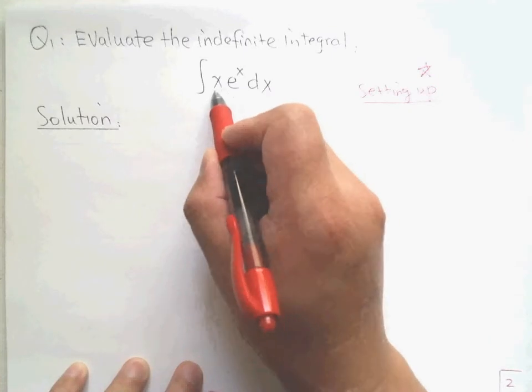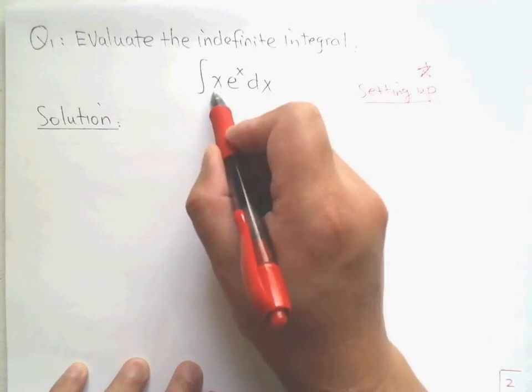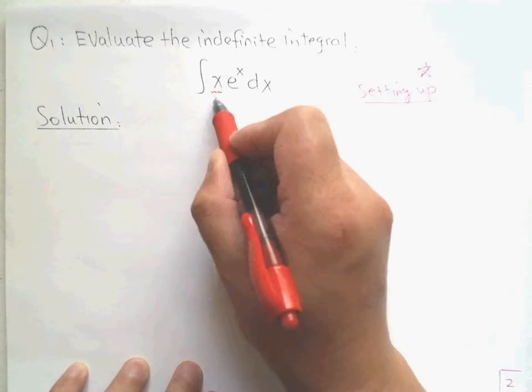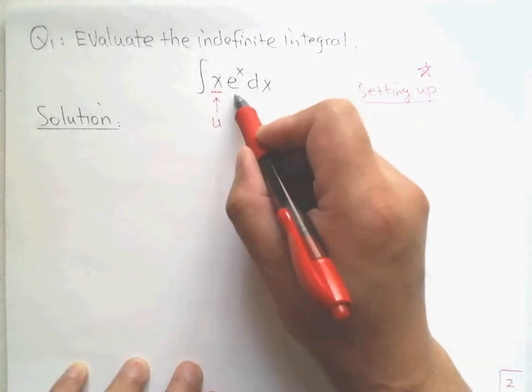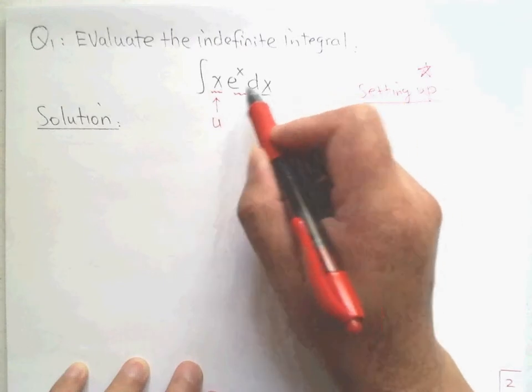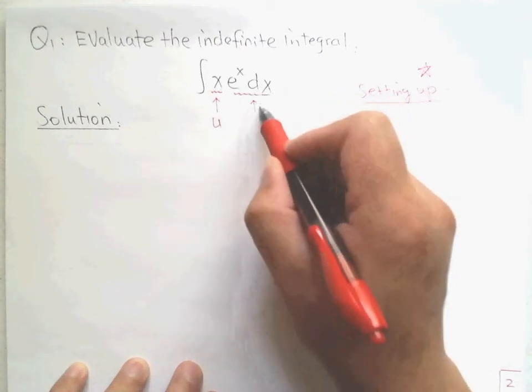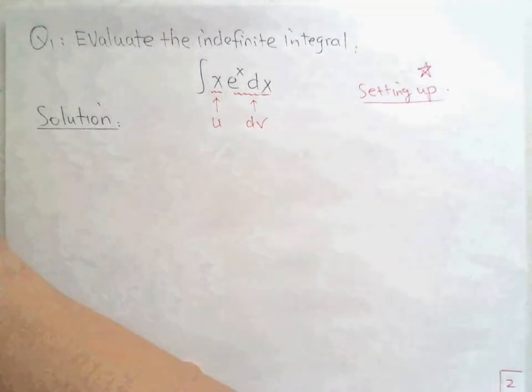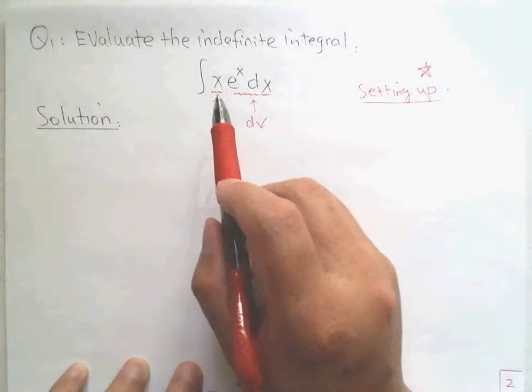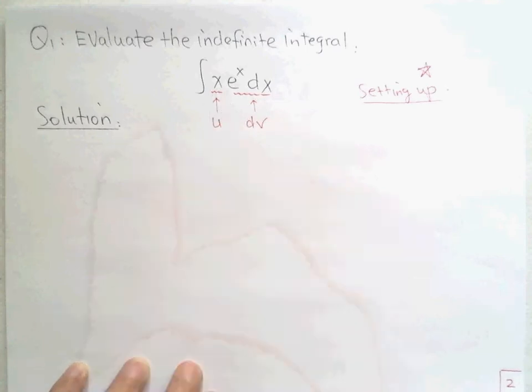If I set u to be x, then what is left is dv. Do you think this setup is good for us?